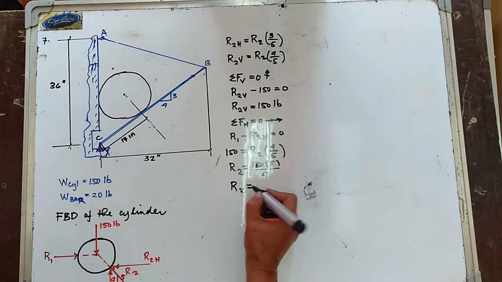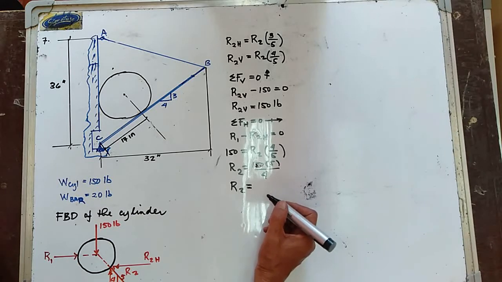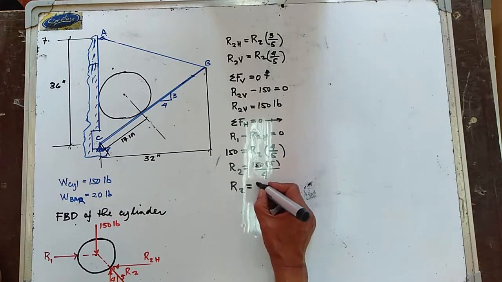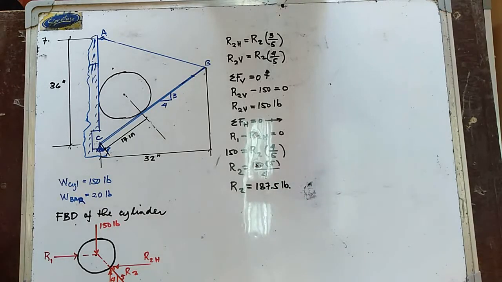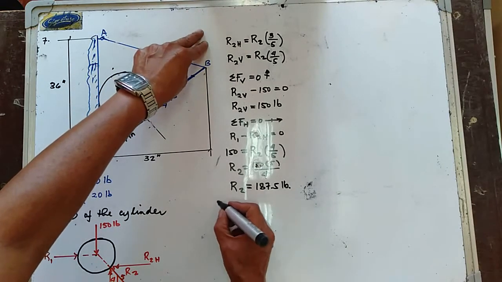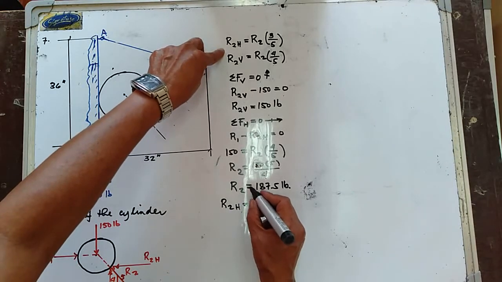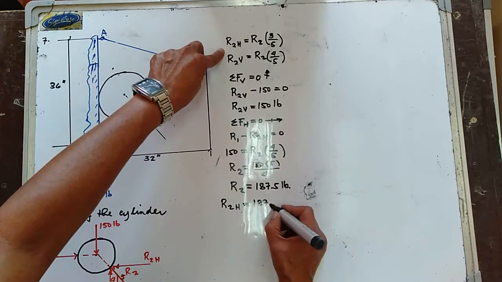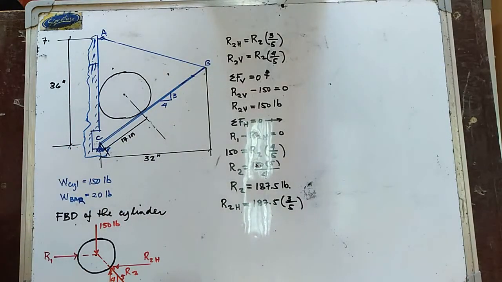So the reaction between the cylinder and the bar is equal to 187.5 pounds. Hence, your R2 horizontal is equal to R sub 2, 187.5, multiplied by 3 all over 5.